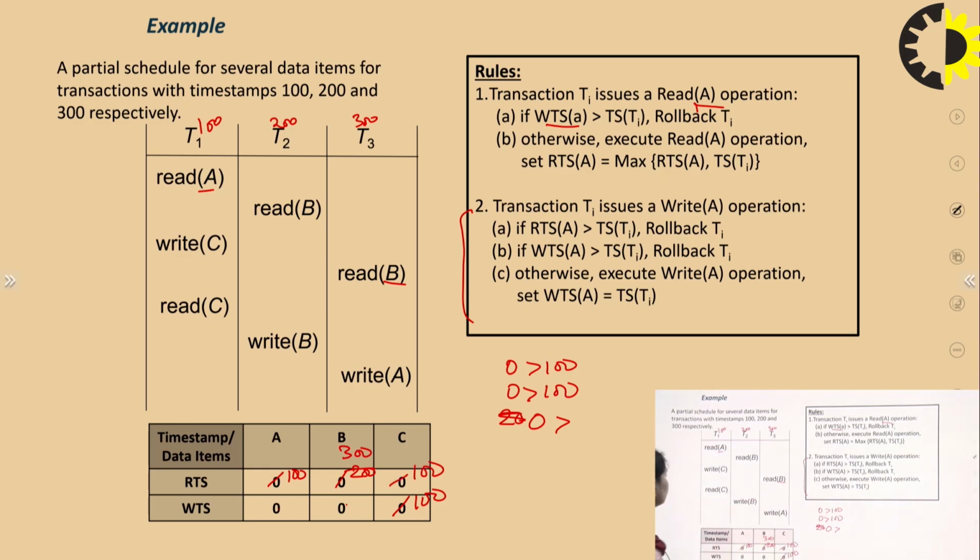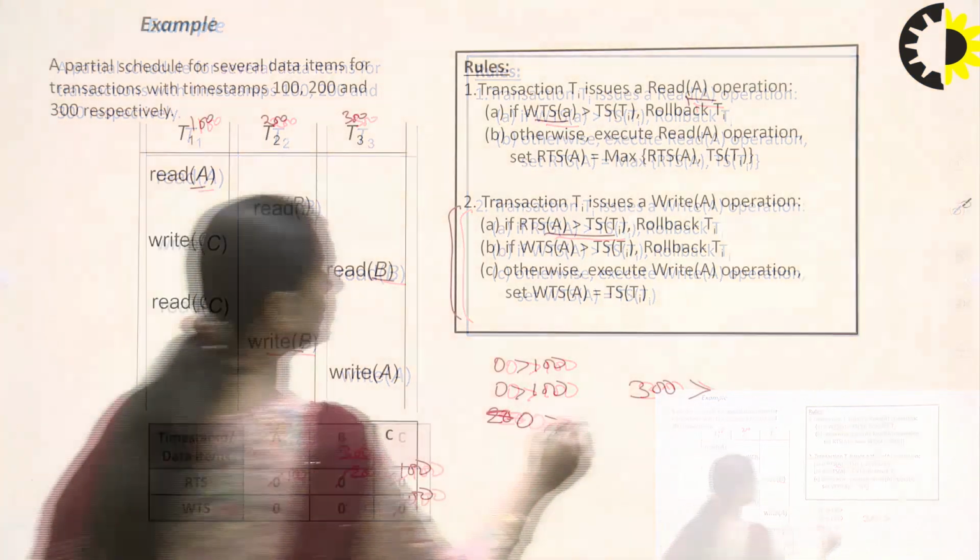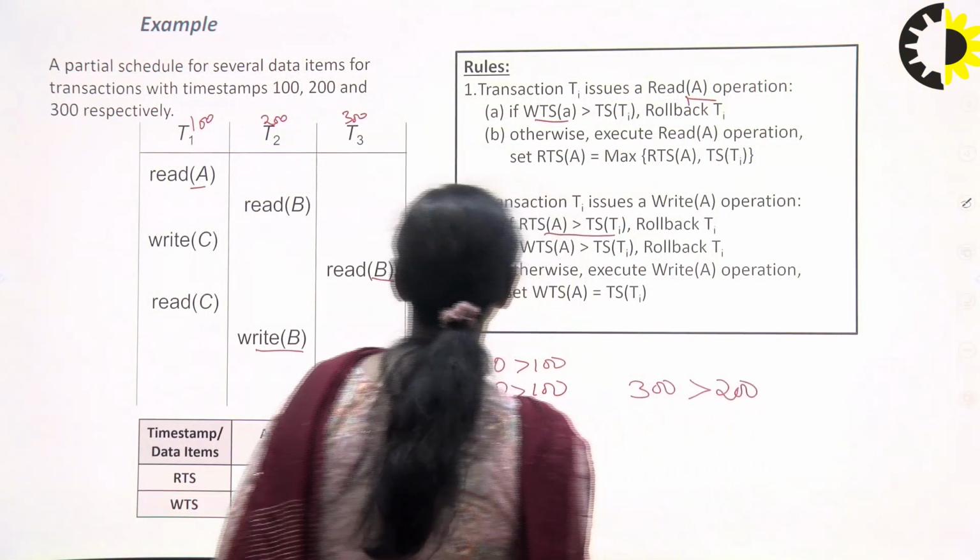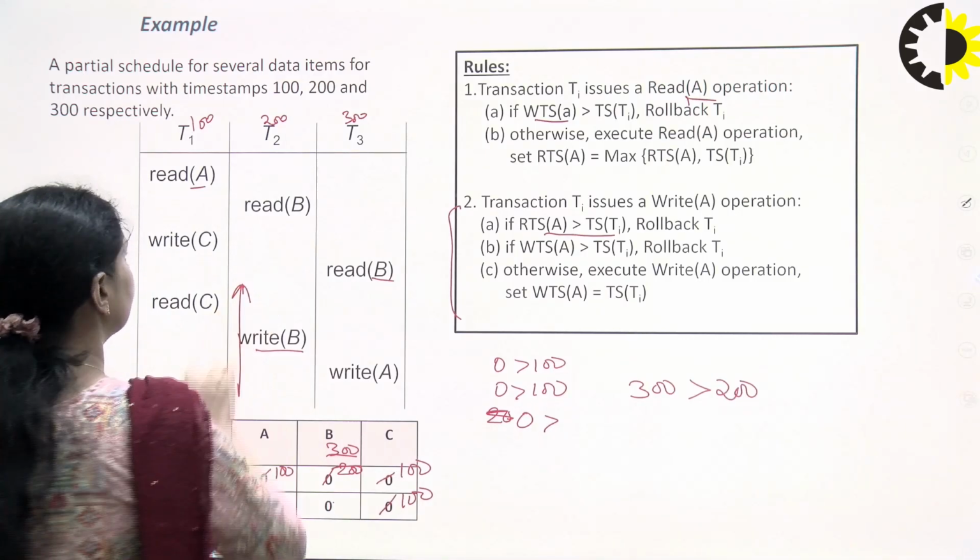Now comes this write B. When this comes, it says if the read timestamp of B is greater than the timestamp of Ti. Read timestamp of B is 300. It is greater than the timestamp of 200. This transaction will roll back.